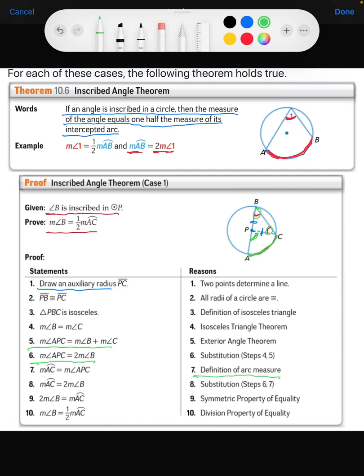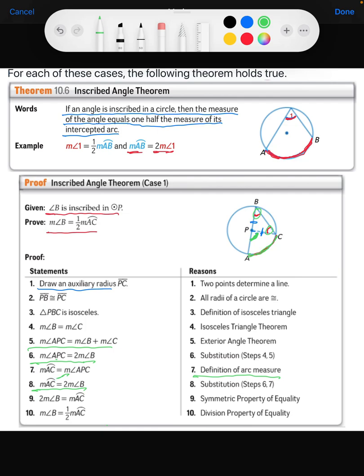So here's our arc here. Measure of APC equals measure of AC, and the measure of AC equals 2 times measure of B.